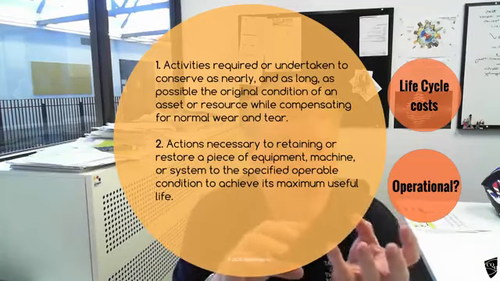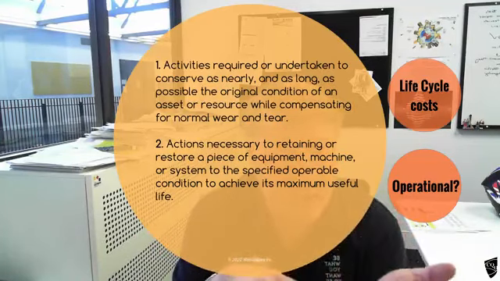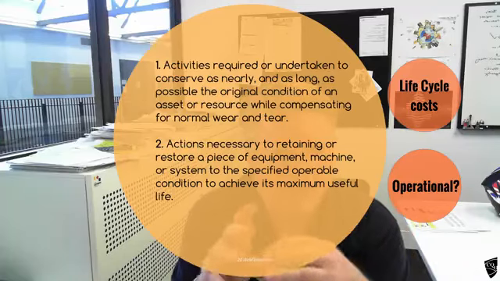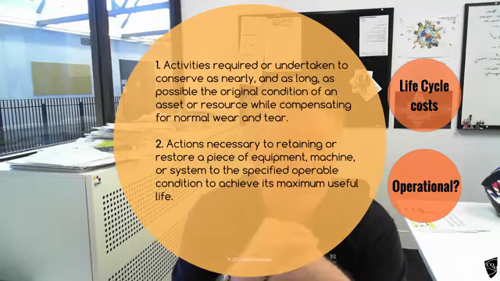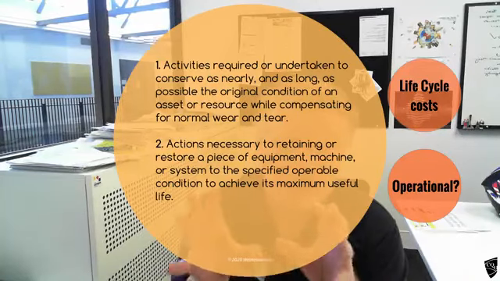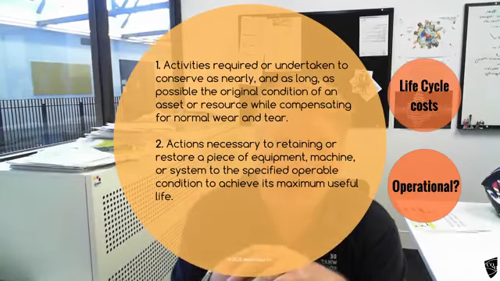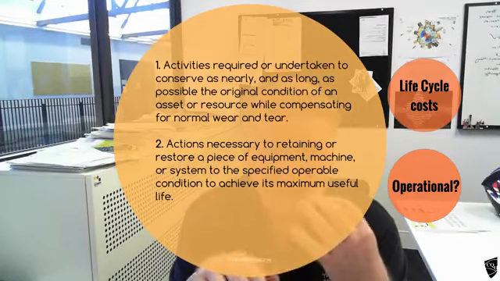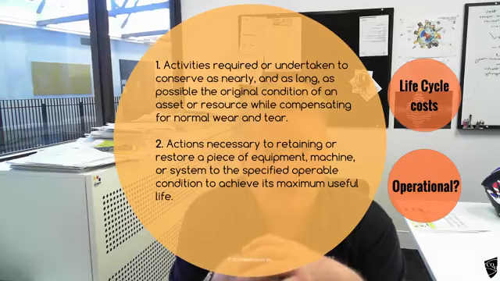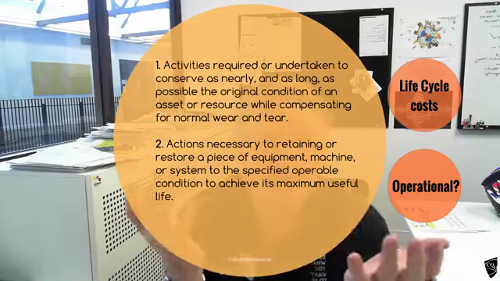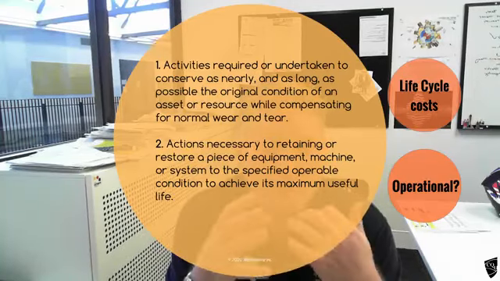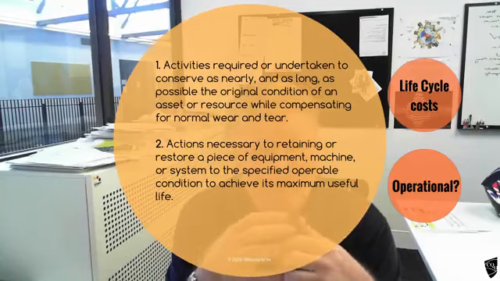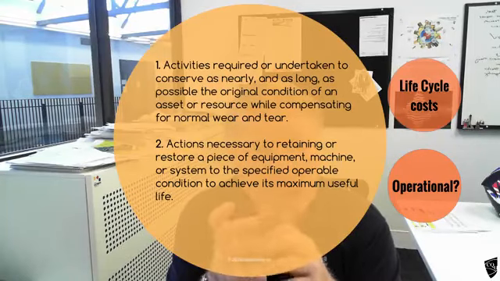You're not really repairing normal wear and tear that's expected, but you're doing other things to keep the asset, the building, close to its original condition. Bearing in mind, the original condition can change throughout the life of a building. As I've said previously, what is an individual person's office could become a storeroom, or a photocopier room, or whatever. Therefore, the condition and functionality of that area can change, and that must be borne in mind.